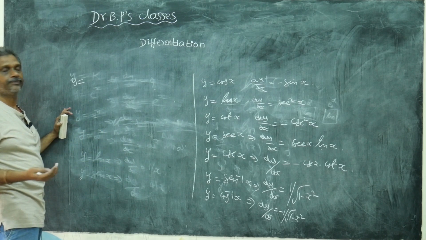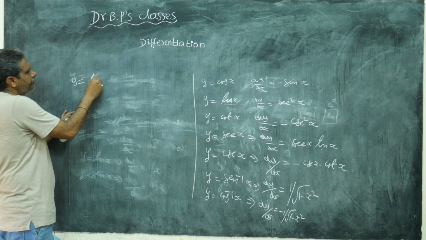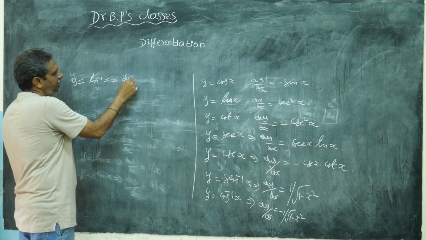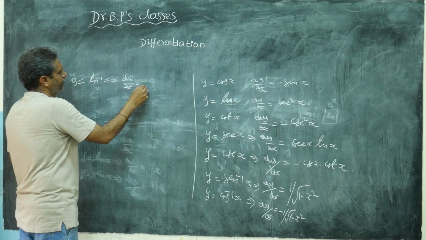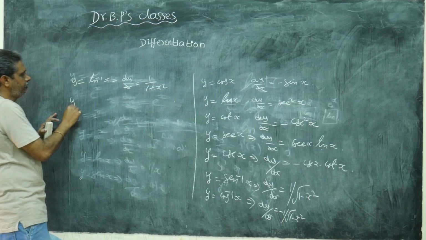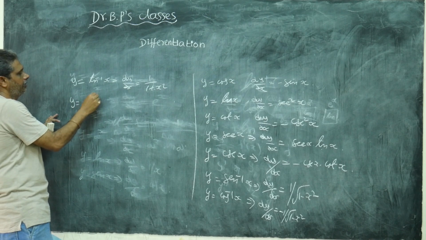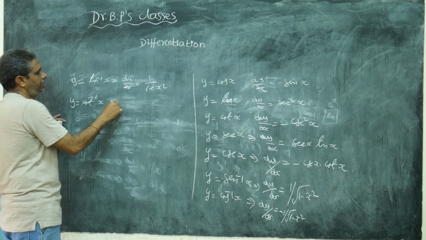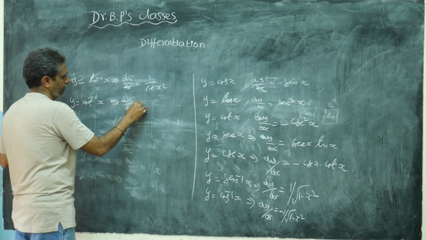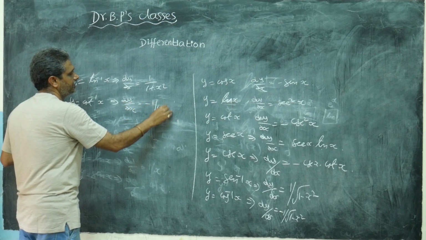while doing the problem you will understand. Y is equal to tan inverse x, then dy by dx you will get 1 by 1 plus x square. Y is equal to cot inverse x, then dy by dx is minus 1 by 1 plus x square.